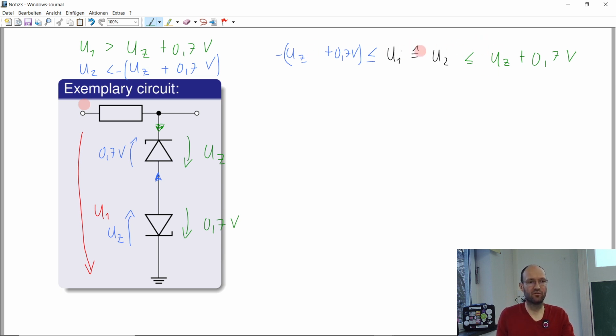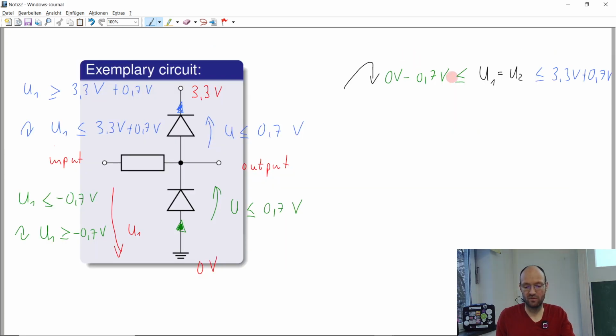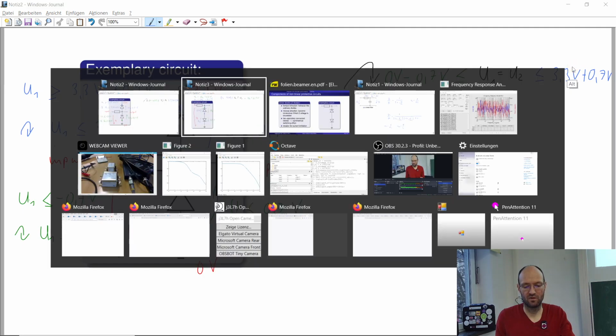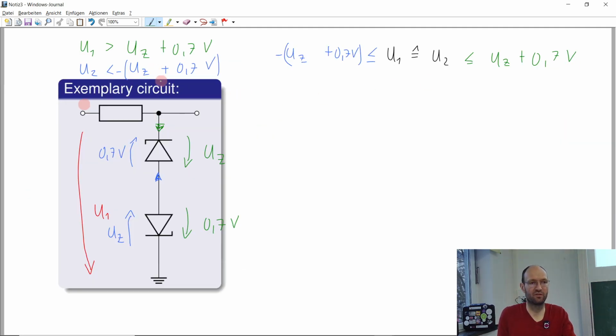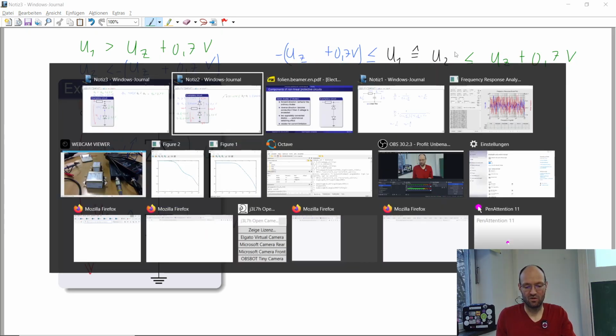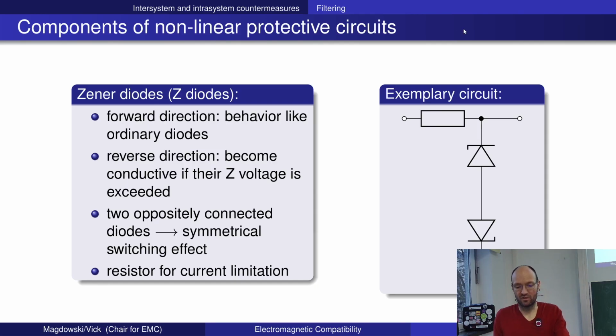So here it's symmetrical around ground potential, and in the previous case it was ground potential minus something, supply voltage plus something. With these Zener diodes, we have no reference to our supply voltage. We just limit our signal voltage symmetrically, plus and minus the Zener voltage. Okay, so this is what happens here.